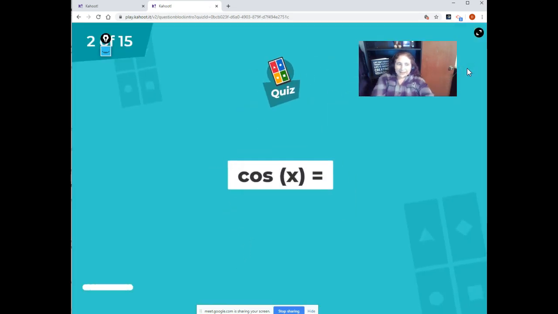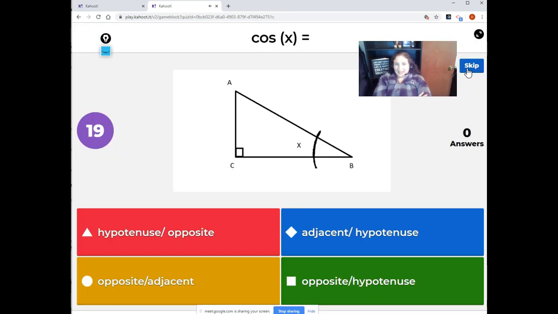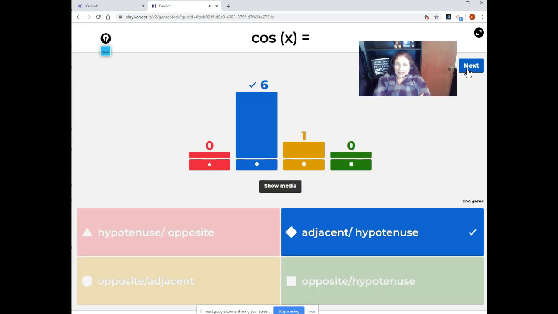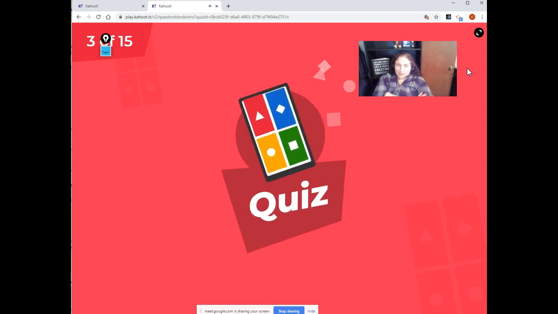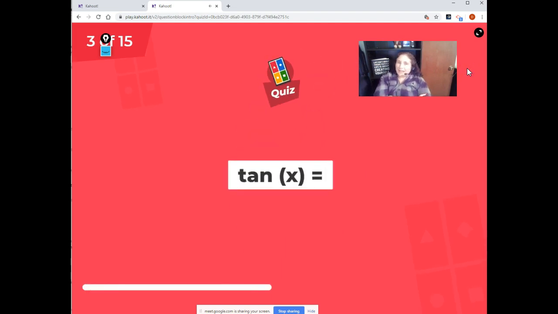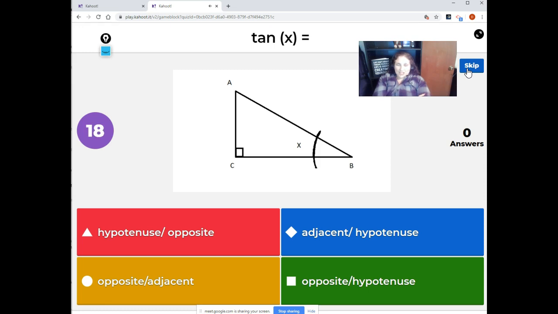Fuzzy rabbit. Cosine. Ka, ka, ka. Sounds like a bird flying in the sky. Yep, opposite over adjacent is tangent, which probably is the next question. So everyone should get that one, right? Tangent. I just told you.